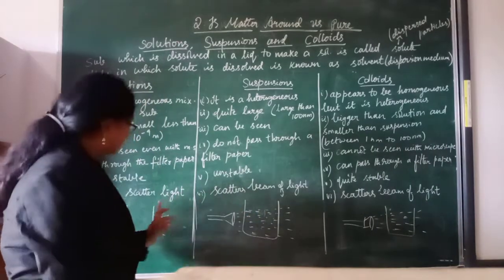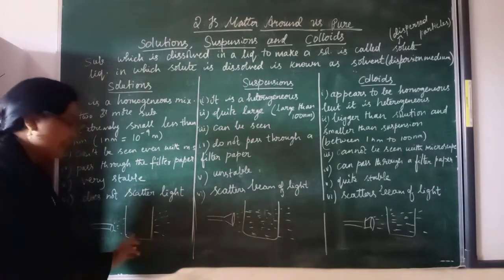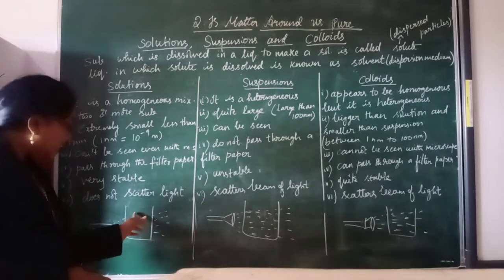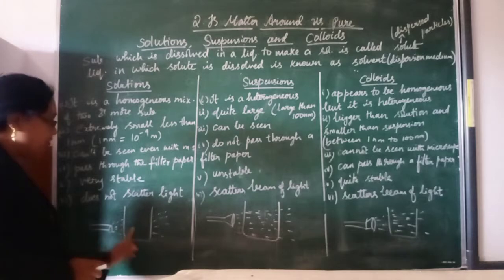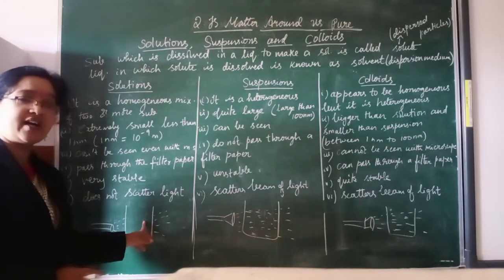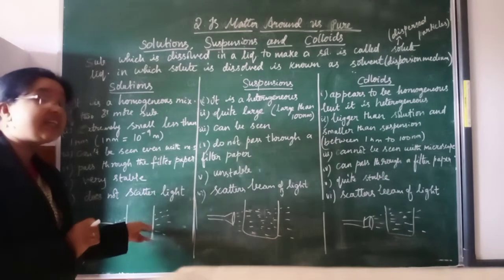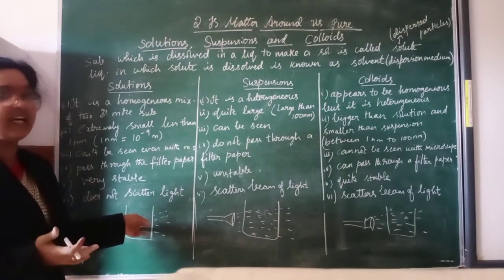Same thing we are observing here. Inside the beaker we are unable to see the light. Here we can observe, and this side also we can observe, but here we can't observe. Why? Because here the particles are very small, so they are unable to scatter the light.